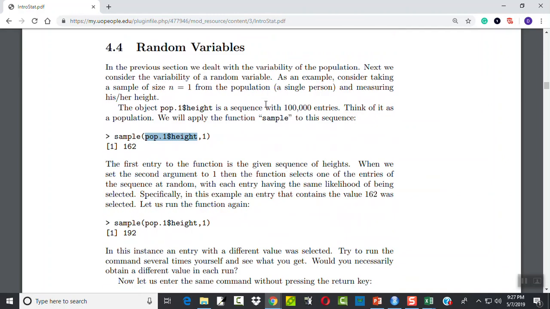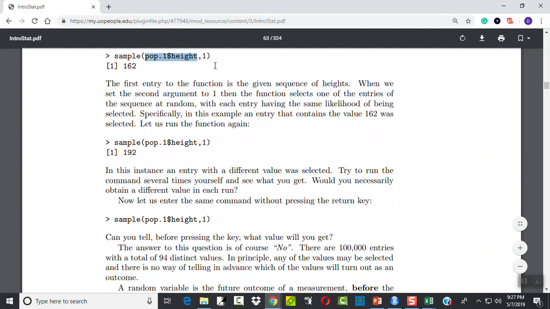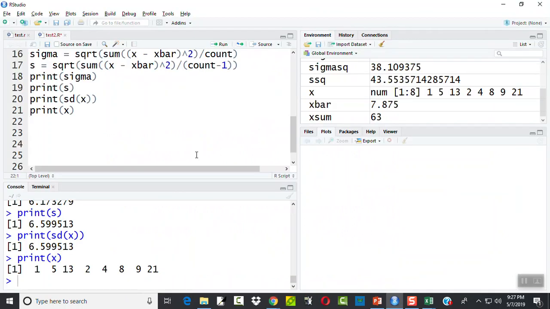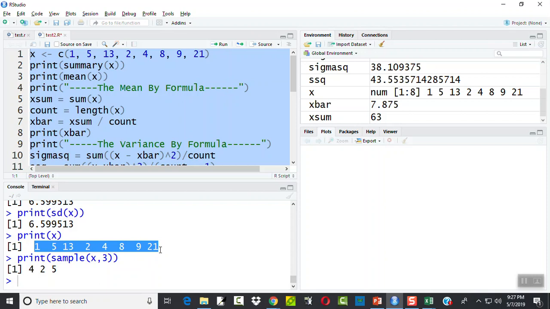I'm not sure where they're referring to that, but anyway, it's a data set. And then comma 1. Well, if I do a print sample based upon x and I do 3, now if I run that, what this does is it takes a random sample from this data set here. So these x values, it chose 3 at random, and it came up with 4, 2, and 5.